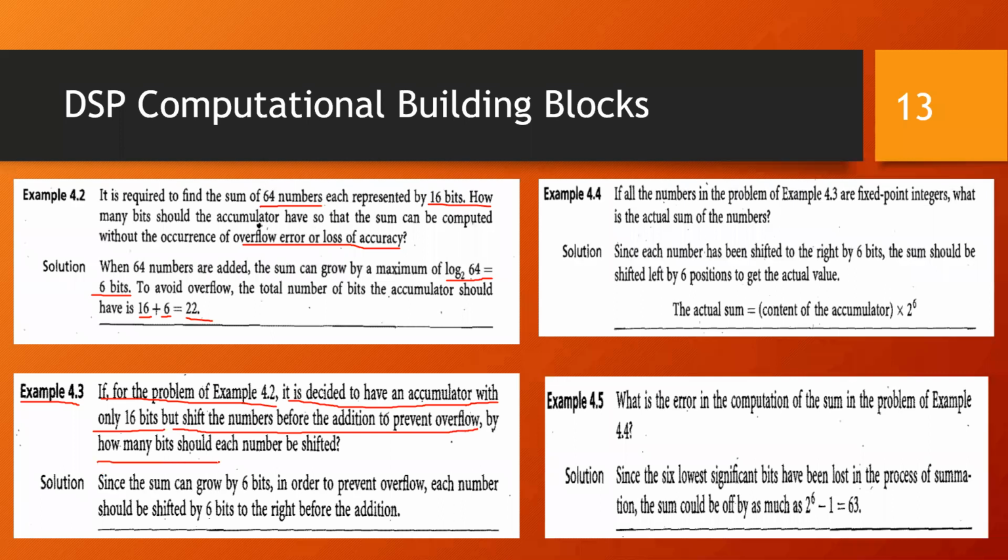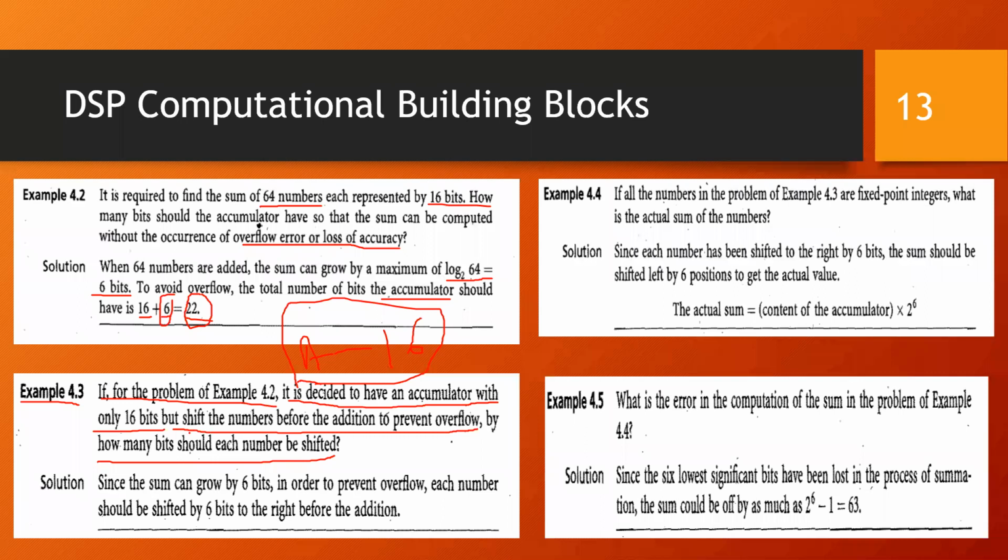So how many bit shifts should be applied to the numbers? Here we saw how many excess bits are required and got to know that 22 bits should be present for the accumulator. But now I have an accumulator which is 16 bits in length, so I cannot provide the excess 6 bits. So what is the alternative in order to achieve accuracy, so that I don't introduce any loss or overflow?